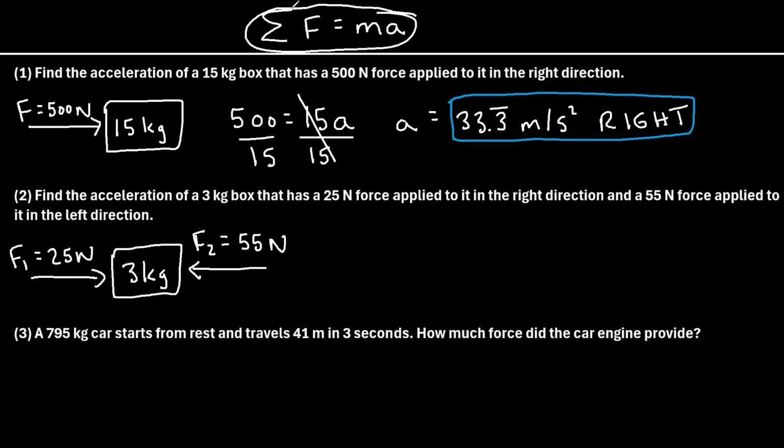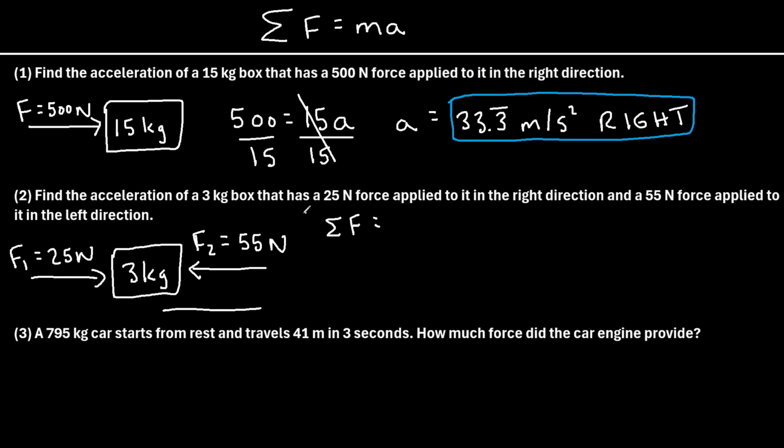But notice that on the left-hand side, the net force, we need to figure out what is that net force. So here's how we can do that. To find the net force, all we're going to do is add the two forces together that are pushing on the object. Now, in this particular case, we have two forces, where the first force is pushing in the right direction. So we're going to call the right direction a positive direction, and we'll call the left direction a negative direction.